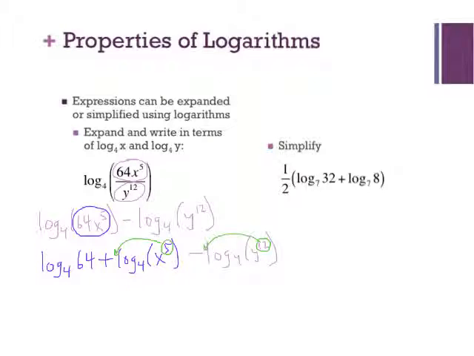And so we can write this expression as still log base 4 of 64 plus 5, let me read my own handwriting here, 5 log base 4 of just x now. And then I can do minus 12 log base 4 of y.